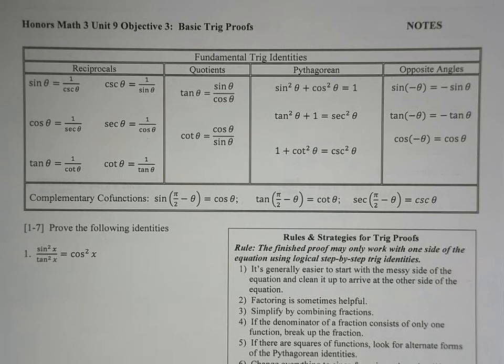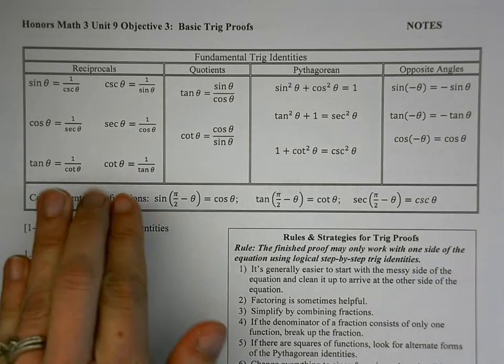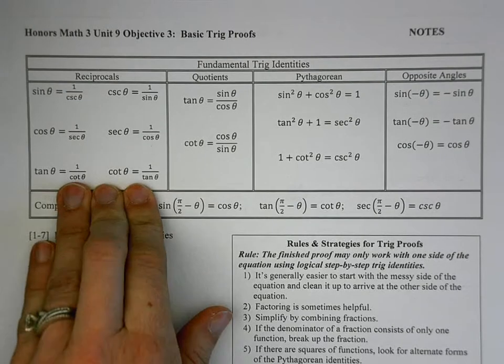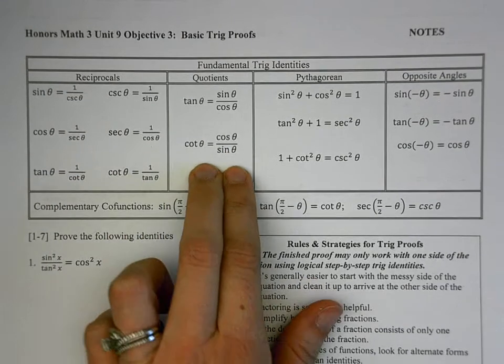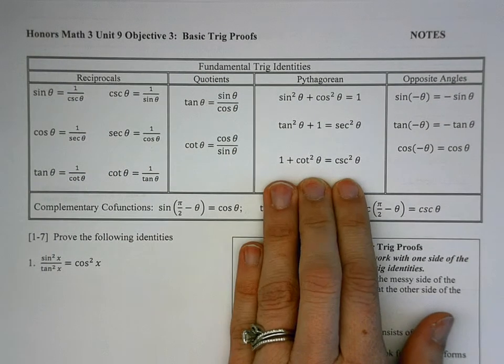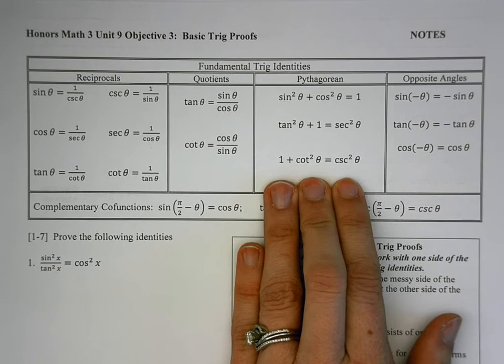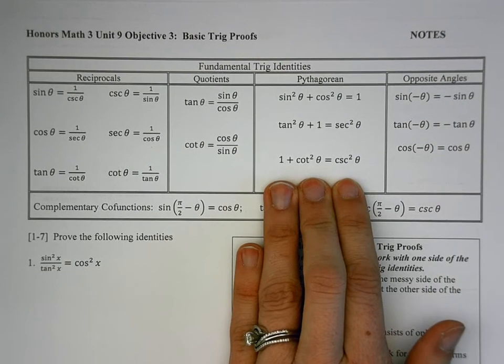Okay? Before we get into these proofs, we have listed at the top here some important identities that you'll be using. Some of these we had in our objective 2 notes already, and then there's a couple of ones that we have not seen in our notes, but are ones that we need to know. So we have the reciprocal ideas that we looked at already in objective 2. We have those quotients. The 3 Pythagorean identities are once more here in our notes, so that we have them to reference.